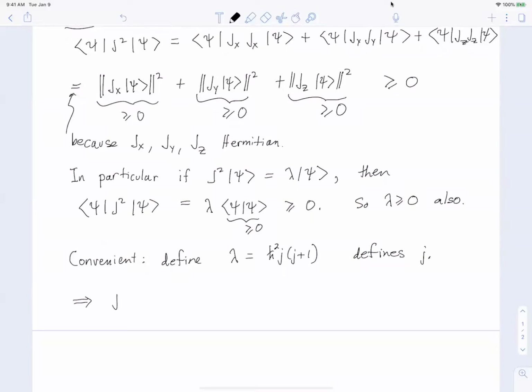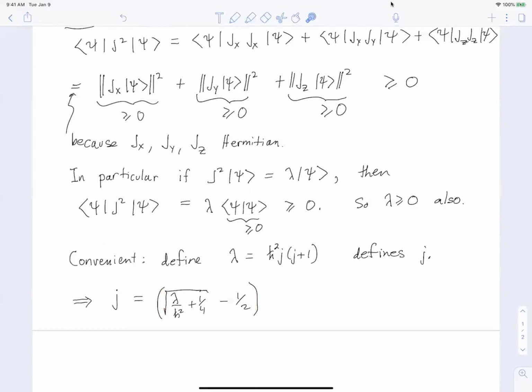We can just solve for j. So j is equal to, you solve the quadratic equation, the square root of lambda over h bar squared plus 1/4 under the square root, minus 1/2. Okay, and so now if you stare at that and you say, oh, lambda is positive, that means this number is a number greater than 1/2, and then we're subtracting 1/2.